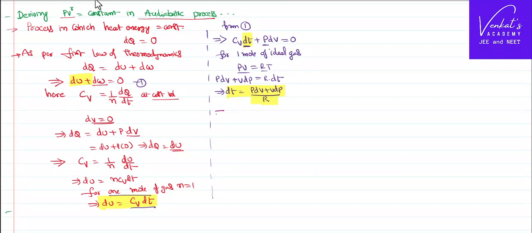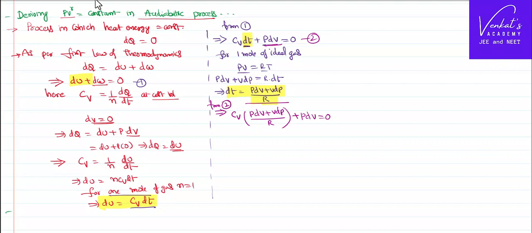What will I get? Cv in the place of dT, we got PdV plus VdP by R, plus whatever is remaining, PdV, equal to 0. So we are writing this from equation number 2.